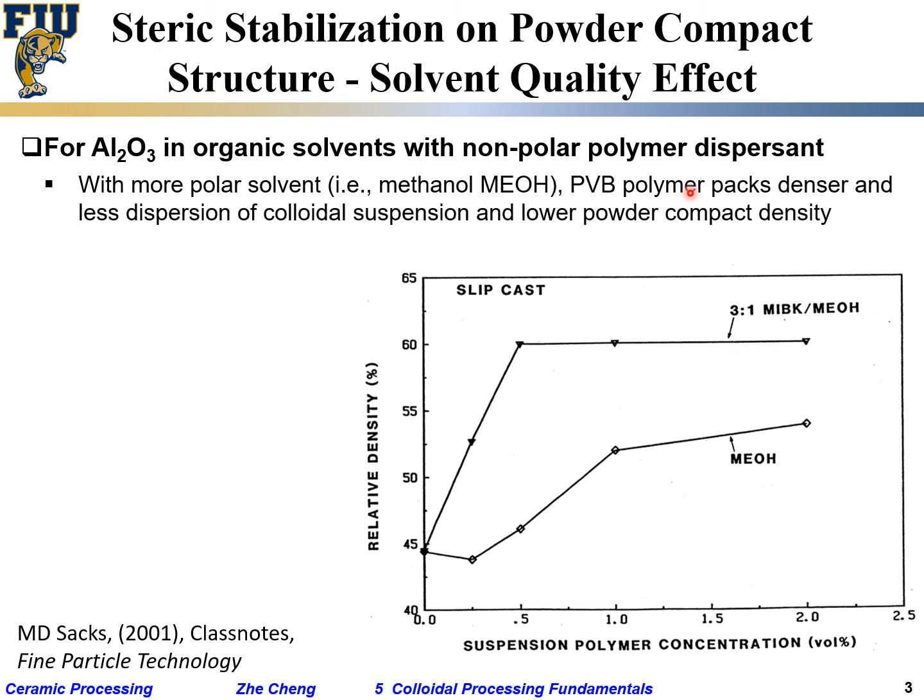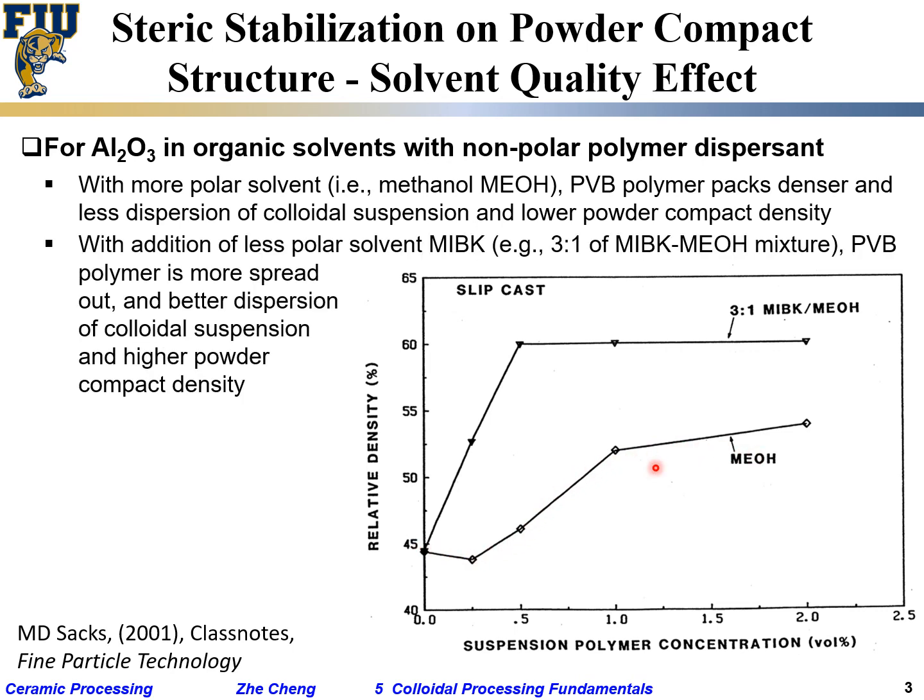As a result, the so-called steric repulsion between different particles covered with PVB is not very effective. So the colloid is less stable and they pack to lower relative density. But of course, as you increase the concentration, it packs slightly denser.